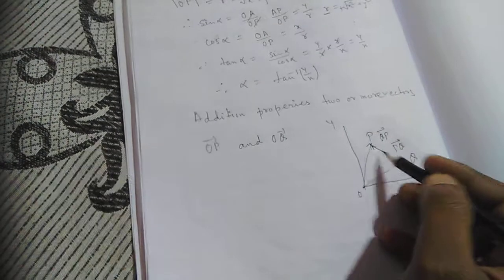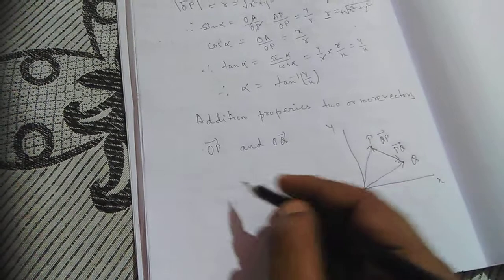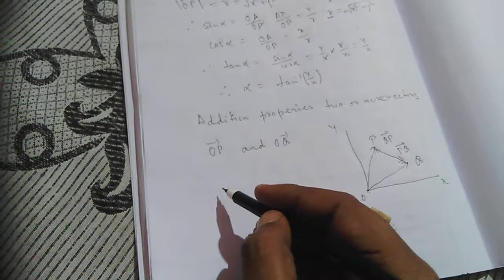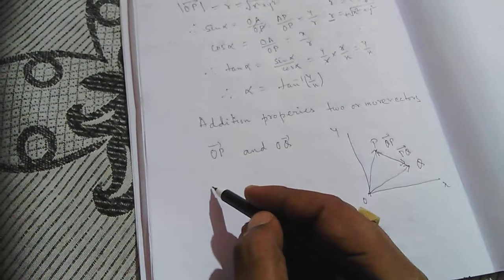So we have to know a theorem or triangle property of vectors.